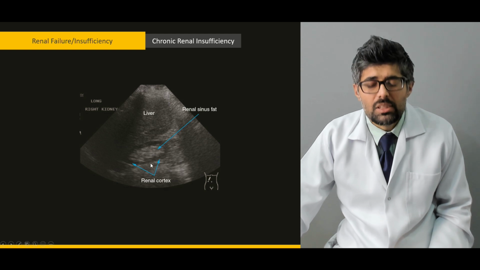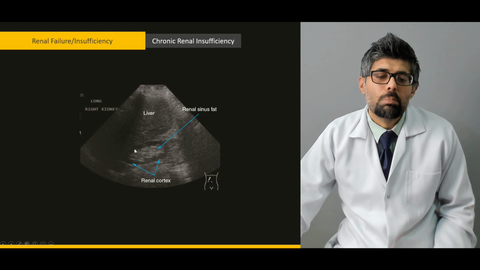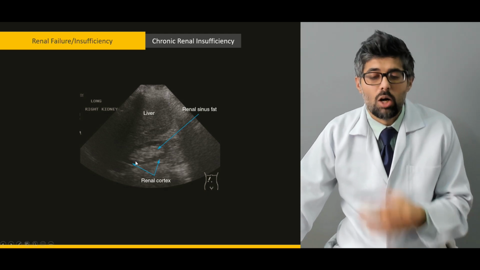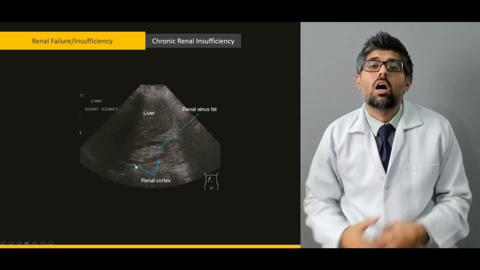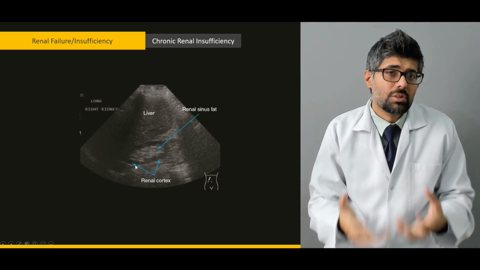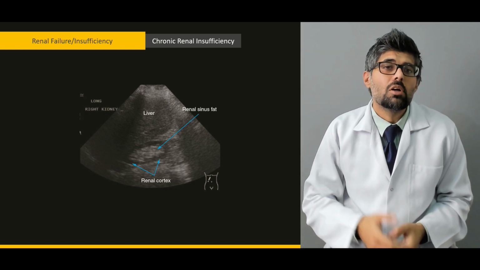So this person has end stage renal disease, and the imaging will provide us with answers about how much GFR he or she has, or how much further down the treatment or evaluation we can perform.